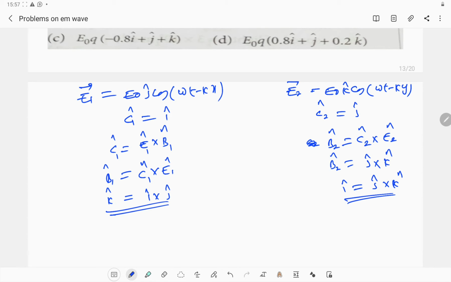Now using this E1 and E2, we decided the direction of magnetic field vector, and here also in another field unit vector along the one electric field, and this another electric field. This becomes B1 cap and this becomes B2 cap.